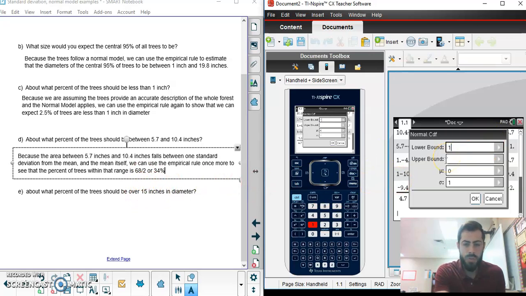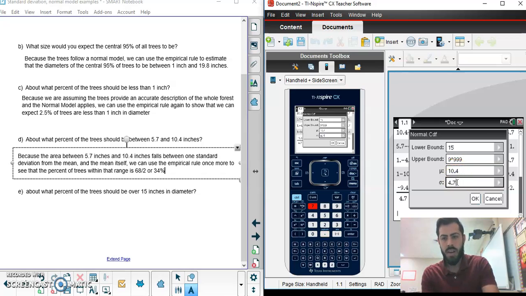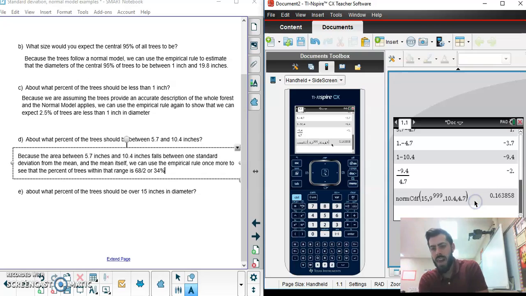So over 15 inches, and then my upper bound is super big trees, right? Like unrealistically large trees. Our mean, in this case, is 10.4 inches, and our standard deviation was 4.7 inches. And this will tell us that we can expect 16.3% of our trees to be in that range.